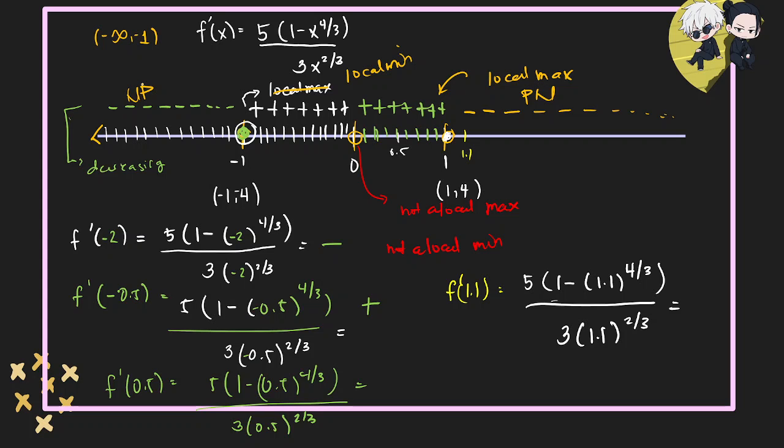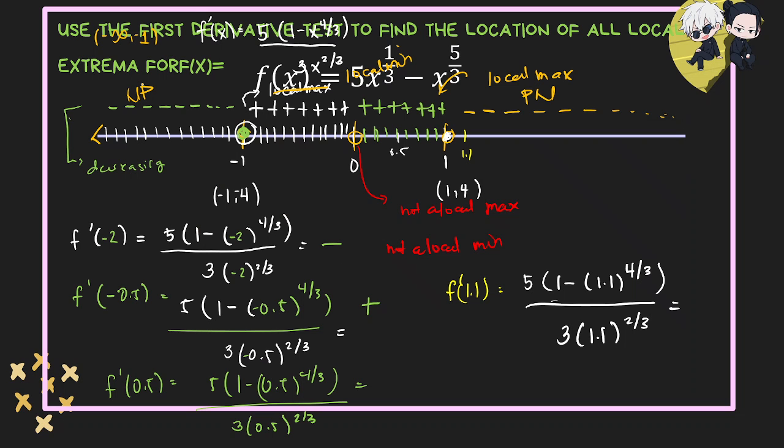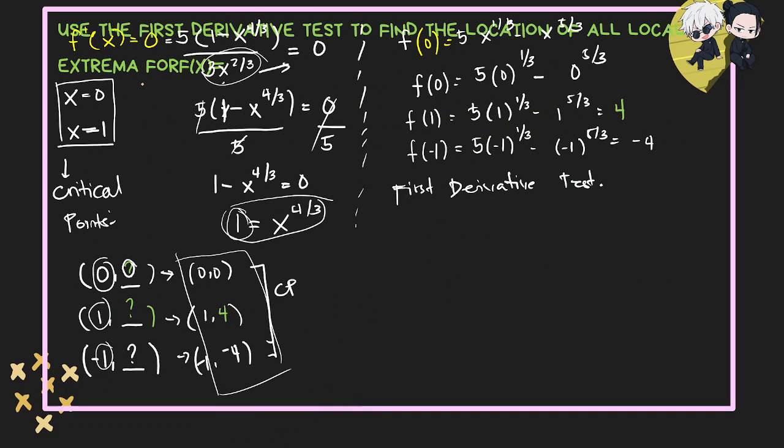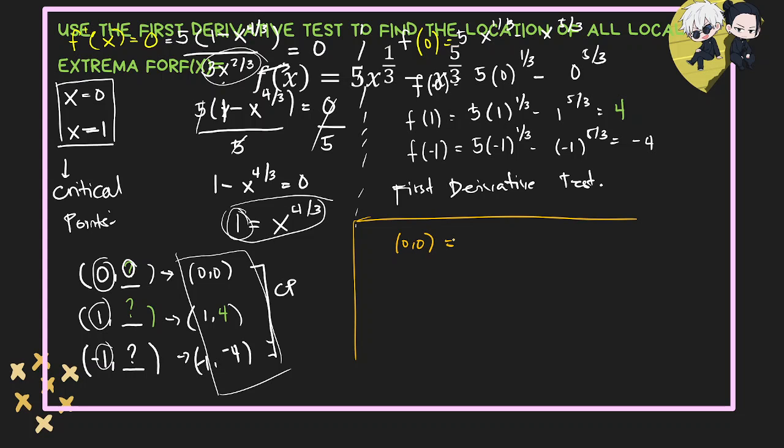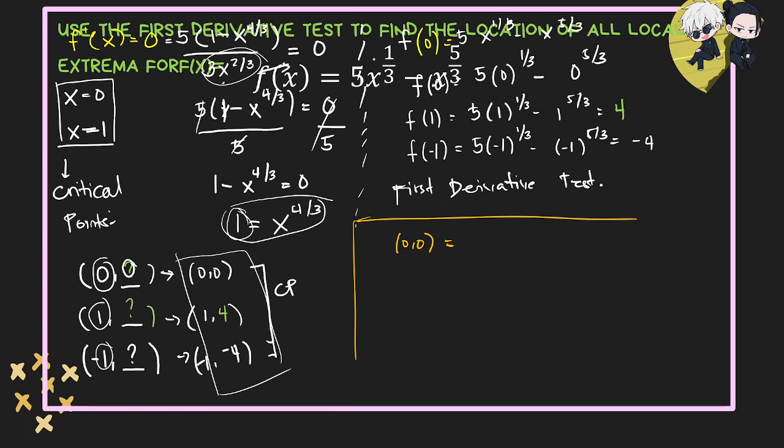Okay? So, sir, daming nangyari, no? Pero ano lang naman yan? Sinasabi lang niya na meron tayong critical points. Yung mga critical points na nakuha natin, which is 0, 0, ano yung sabi sa ating number line? You can see, hindi siya pares positive. So same sign. So, therefore, hindi siya local max or min.